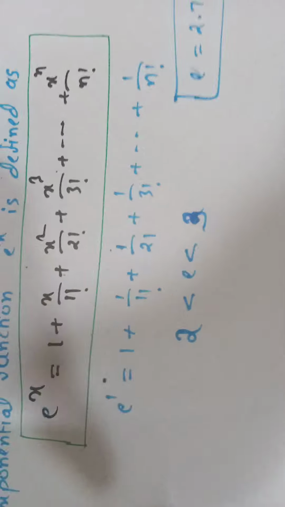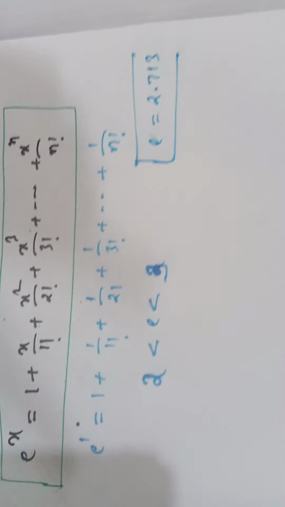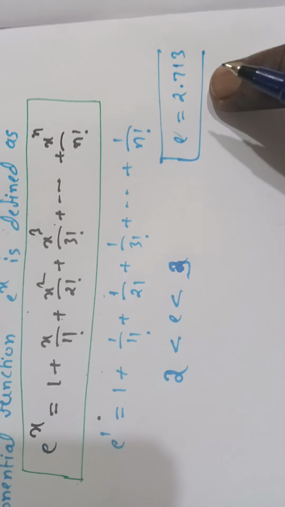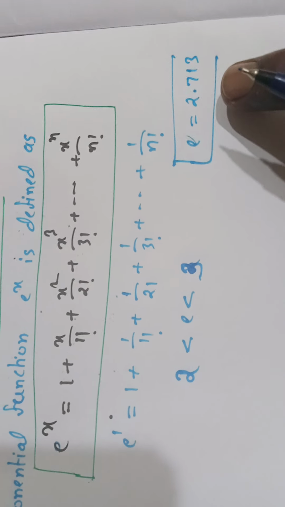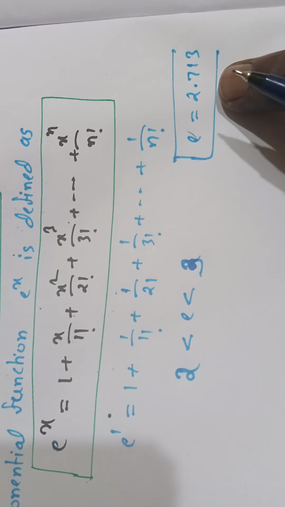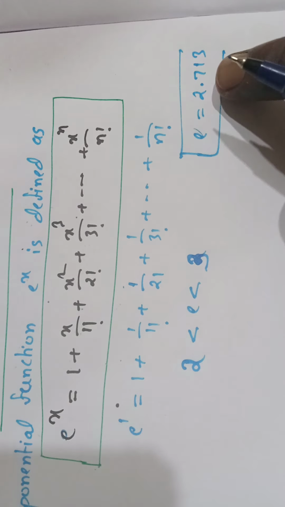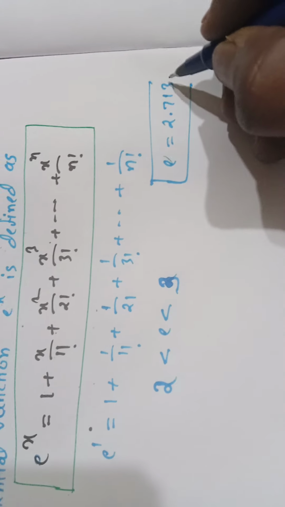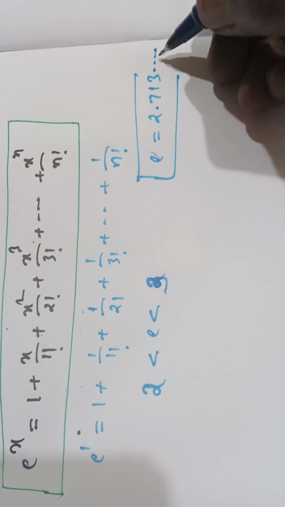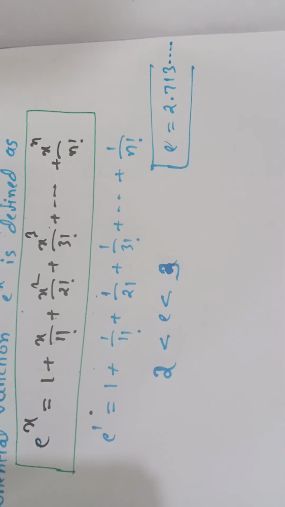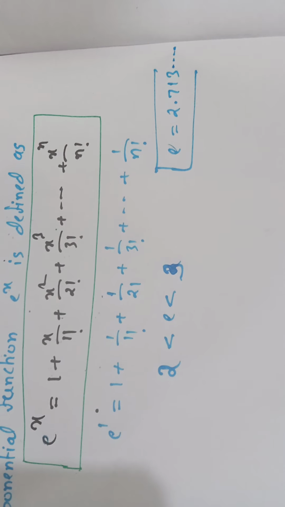The exponential number is always an irrational number. When we take that irrational number in decimal form, it never ends with any digit after the decimal point. So this number goes on like this, and after 3 we may have many digits. We can't guess it, and there is no need to write that number.